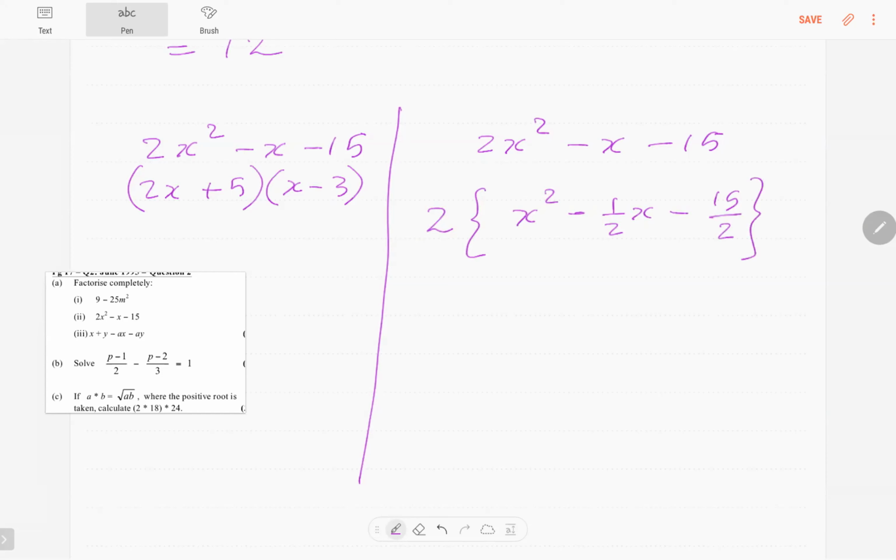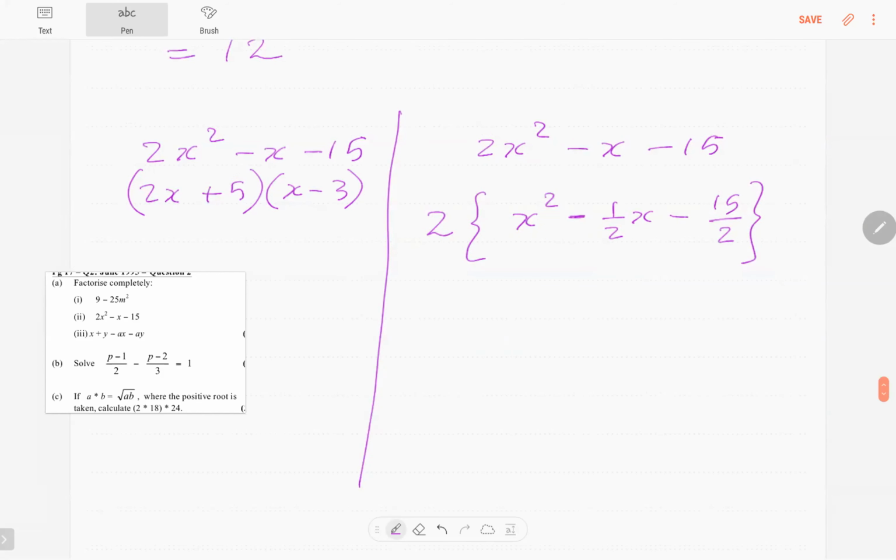So I'm bringing it back to the method that we did earlier today. Now remember, if you treat it like the factorization we were doing earlier, the signs in the bracket are different. This means you give the larger one the negative.